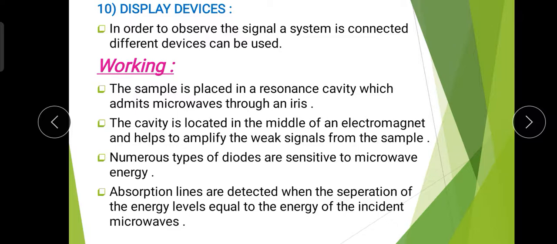We know that in the Zeeman effect, when we place a material or a sample in a magnetic field, there is a splitting of the energy level, and due to this splitting of the energy level, there is an absorption at a particular frequency. That means if we place that sample in a magnetic field or in the presence of electromagnetic radiation, then there is absorption of radiation at a particular frequency.